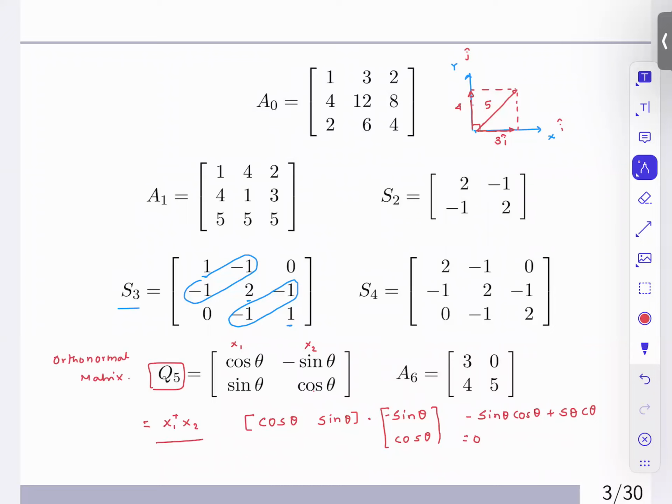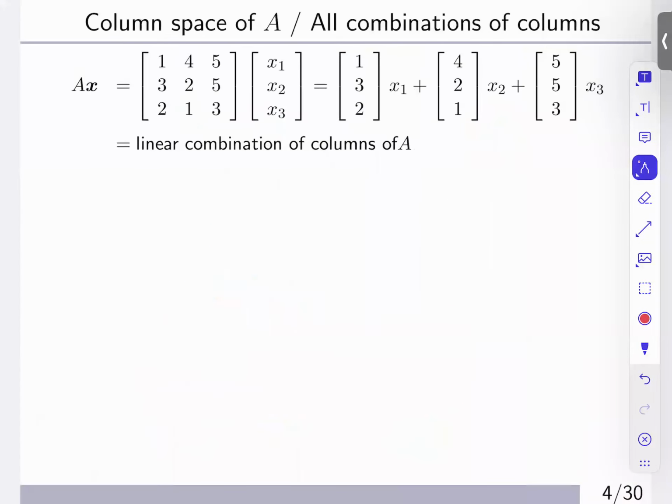So if you believe what Professor Strang says, then these orthogonal matrices Q are the queens of linear algebra, and symmetric matrices S are the kings of linear algebra.